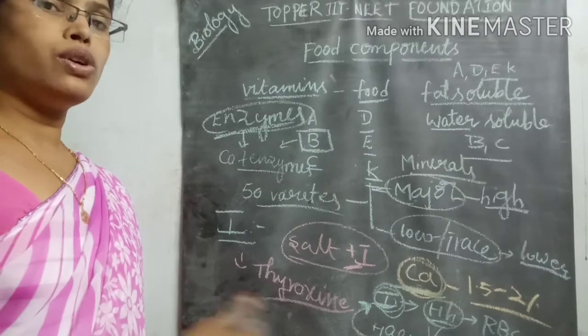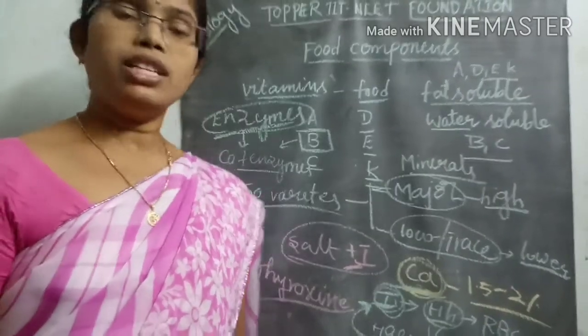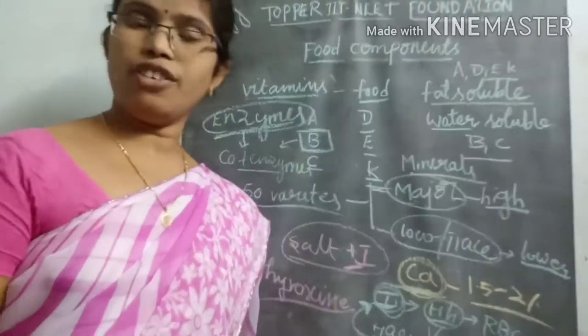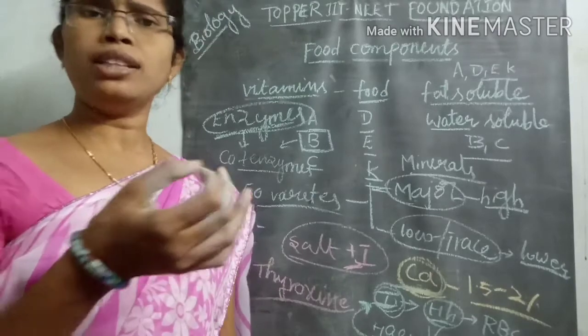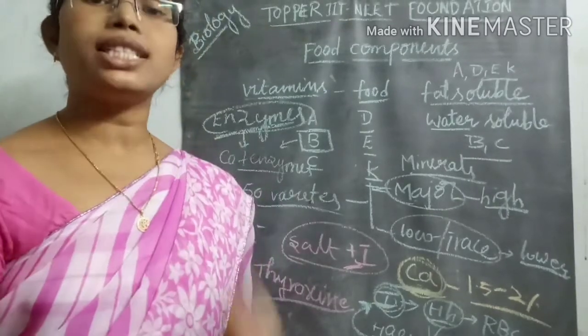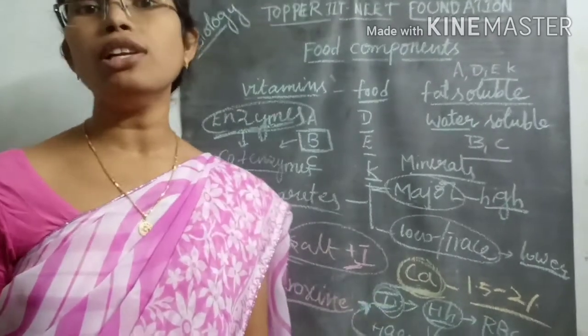Iron is mainly present in green leafy vegetables, milk, jaggery, and different nuts. So in different varieties of food materials, iron is available.